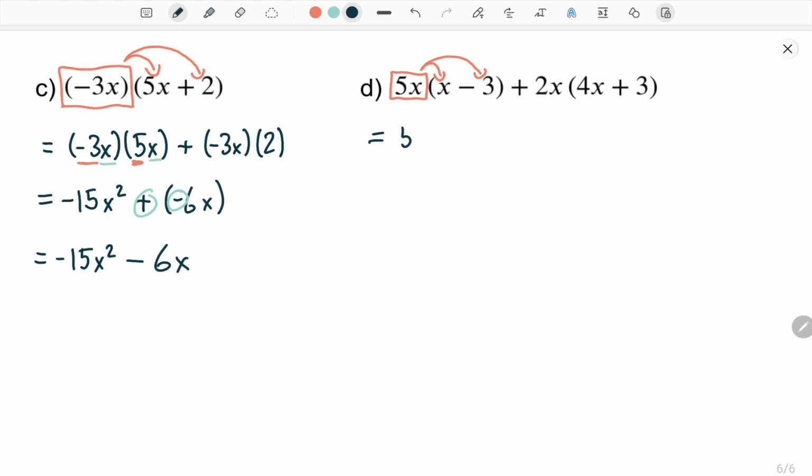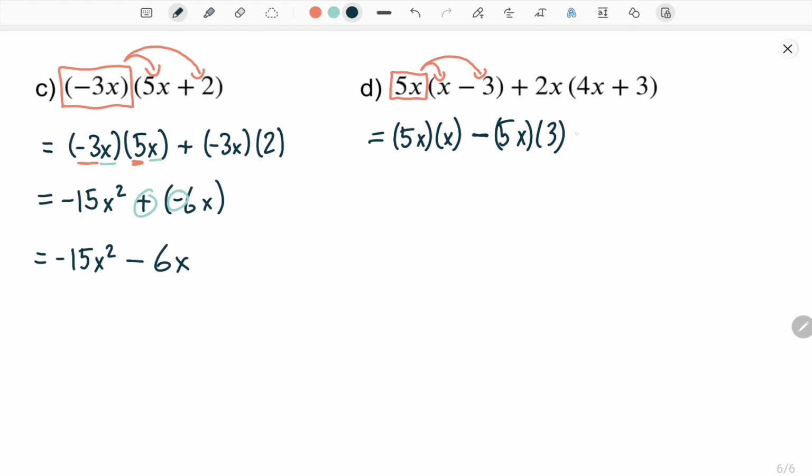So the first thing is 5x times x. So again, I'm just using brackets to indicate multiplication. And then 5x times 3. And in this case, since there was the minus sign there, that's just being pulled down to be a minus sign there. All right, now let's continue. So you'll see that we're adding on this second part in a sense.